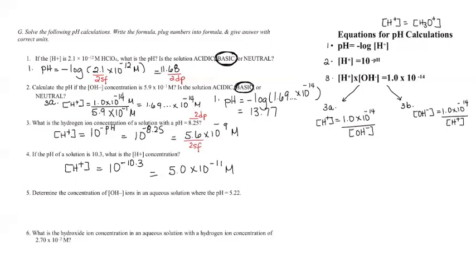Let me illustrate. Equation 2 is utilized because we need to first get proton concentration. So 10 to the negative 5.22 will give me the concentration of H+.